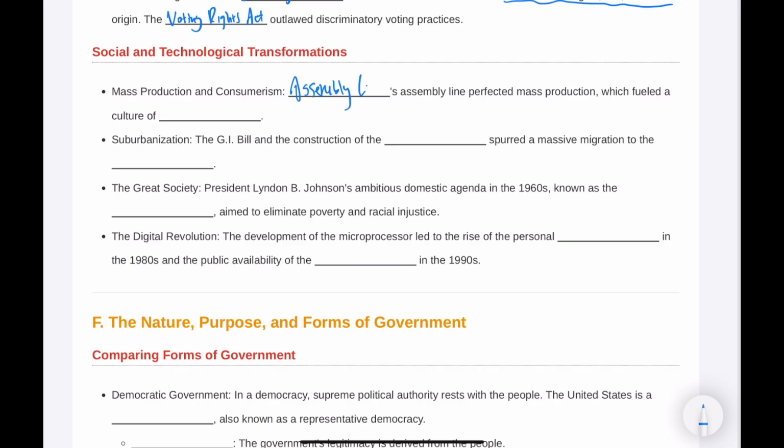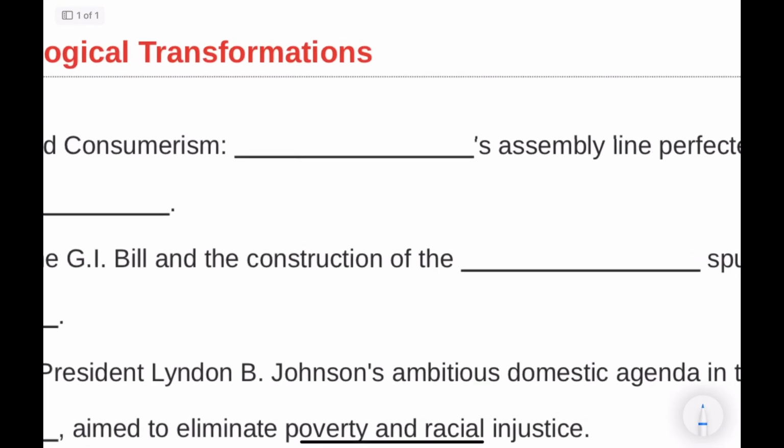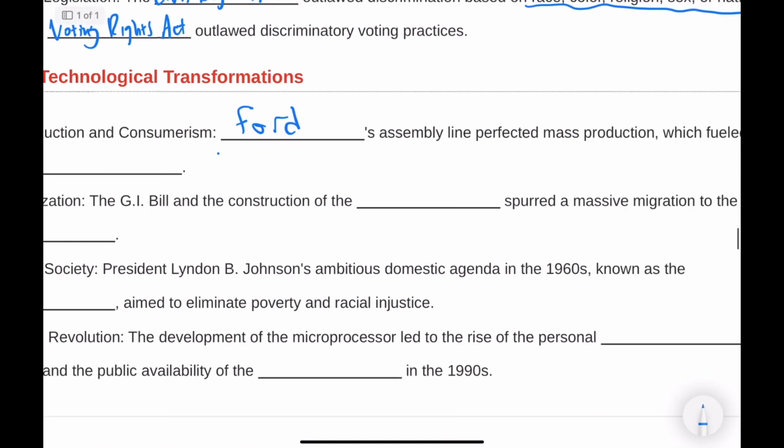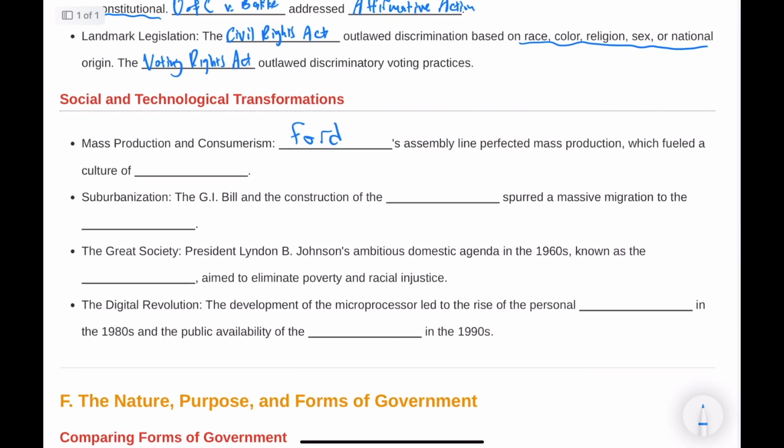I thought it wanted us to fill in the blank as assembly line, but I suppose it is actually Henry Ford's assembly line. Henry Ford's assembly line perfected mass production, which fueled a culture of mass consumerism.